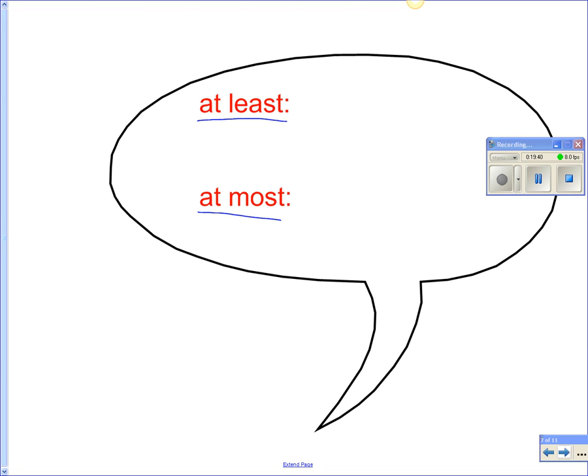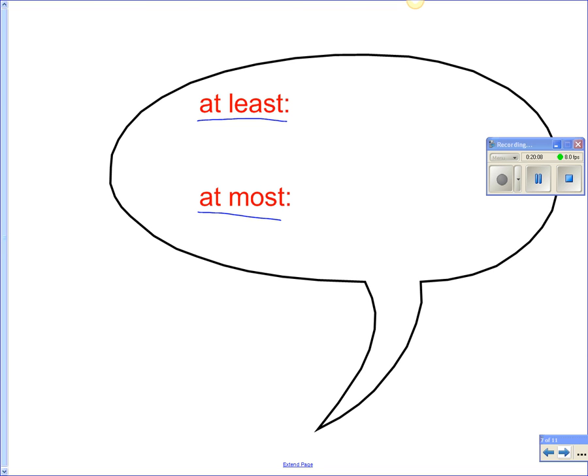At most. Okay. If I go to the mall and I say, Mom, will you please give me at least $30 to spend at the mall? What do I want my mom to do when I say, please give me at least $30? Good.